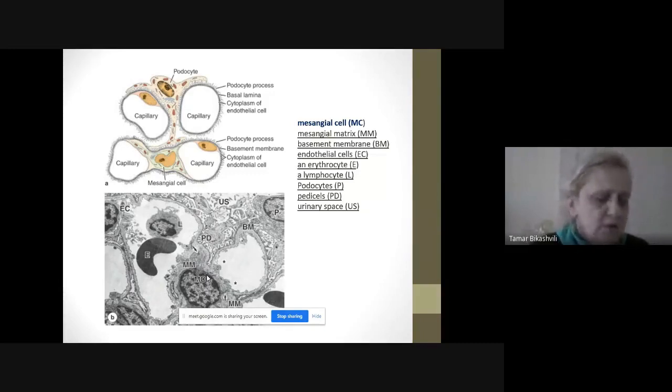So what are the functions of these mesangial cells? The function is physical support of capillaries within the glomerulus, also contraction, then phagocytosis. They also secrete several cytokines, so they are very important cells, mesangial cells.